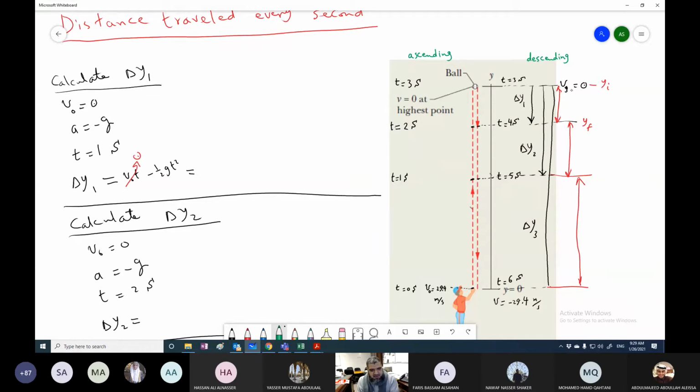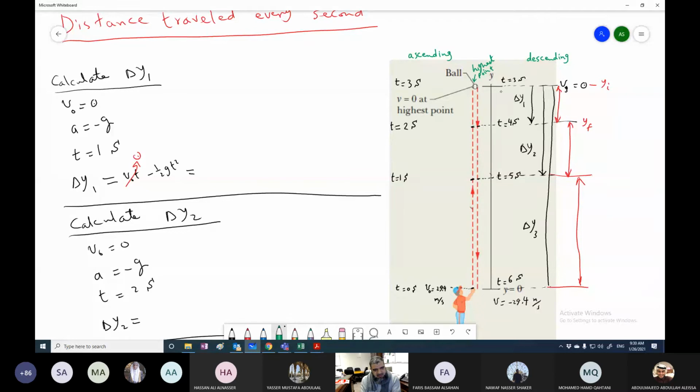So v0, the initial velocity, is 0. We agreed that at the highest point, v equals 0, which is v3. We called it v3 because the time equals 3 seconds. Now the time afterwards is equal to 4 seconds.